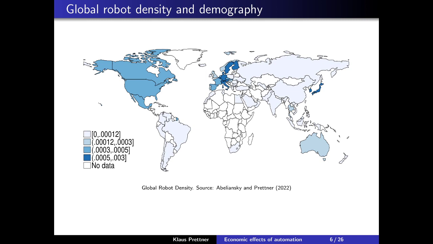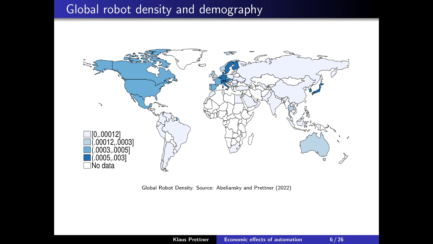And what you see on this map is that, of course, richer countries adopted more industrial robots so far. That's not so surprising because these countries are typically the ones that adopt the new technologies first. And there also wages are high, so it pays off to substitute workers by robots.